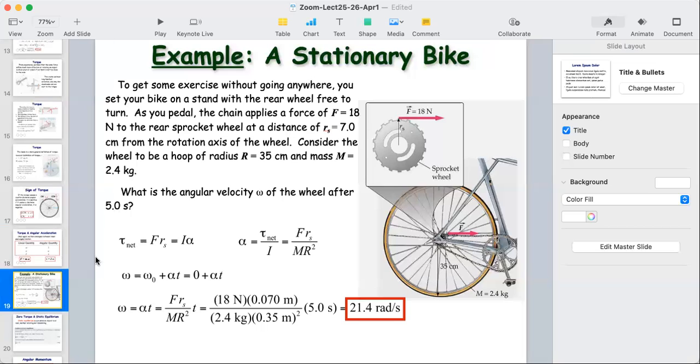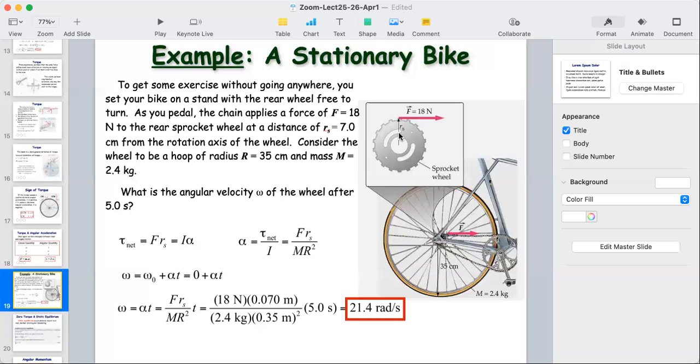So here you have rotational motion. Here we have our torque. Torque is equal to F r, we know that is the force multiplied by the radius, but it is also equal to I multiplied by alpha.